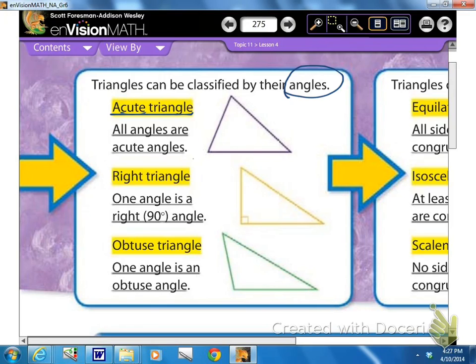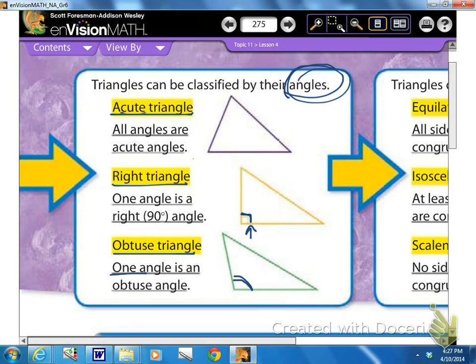A right triangle, of course, has to have one angle that is 90 degrees, or a right angle. And then an obtuse triangle is going to have one angle that's obtuse, or greater than 90 degrees. This angle right here, you can see, is larger than a 90 degree angle. So that's one way to classify it, by angles.